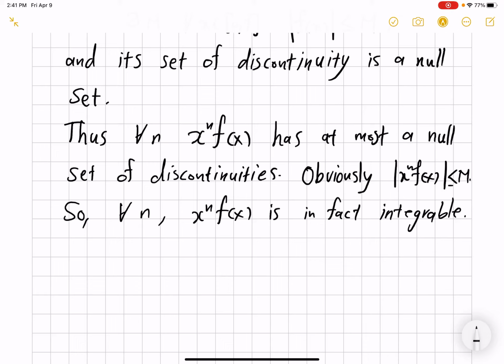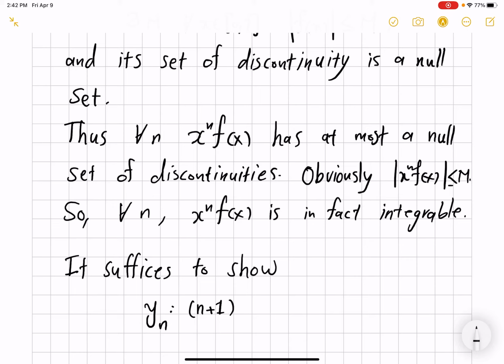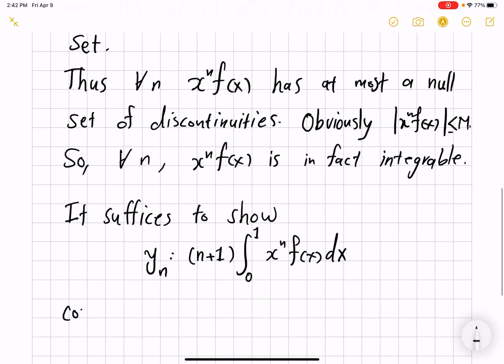So it suffices also to show that these quantities, which I call y_n, so n plus 1 times the integral from 0 to 1 of x^n f(x) dx, converge to a.